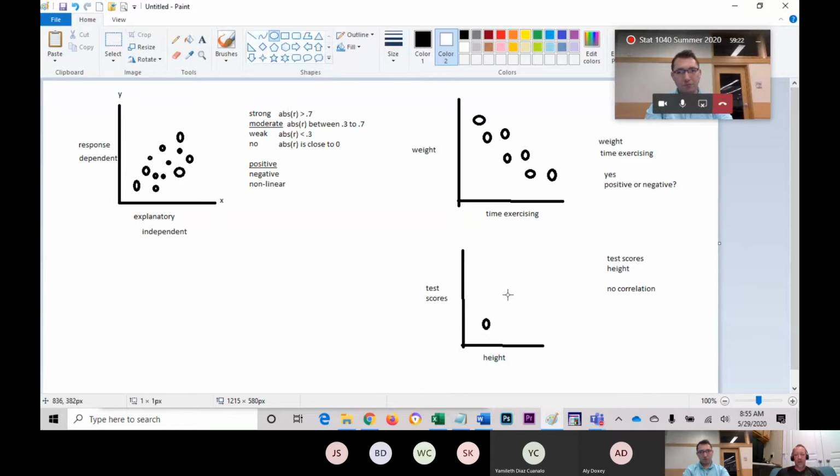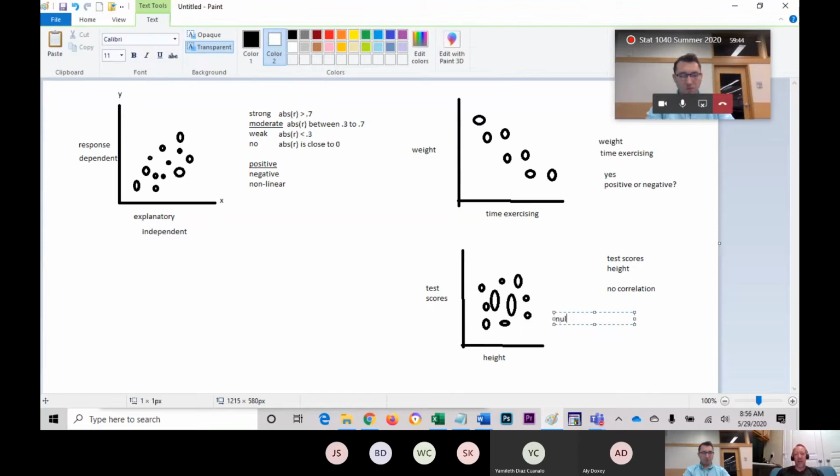And so, that was a big dot. Didn't mean that to be a big dot. Oh, I hate this. Sorry, these dots are so big. But you would expect there would be no correlation. So you would probably expect a null plot. So this would be an example of no correlation, and you would expect a null plot.